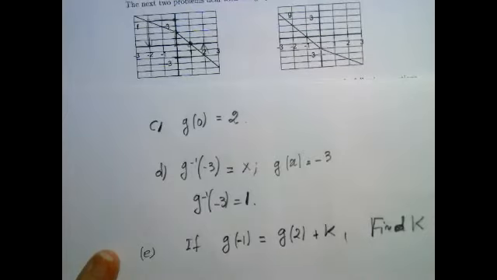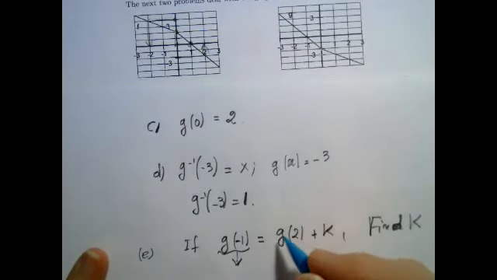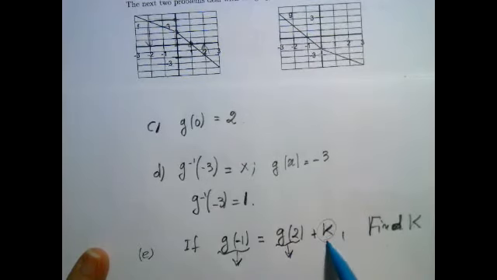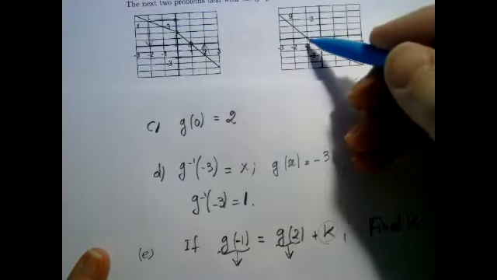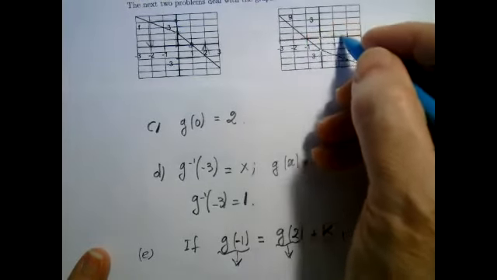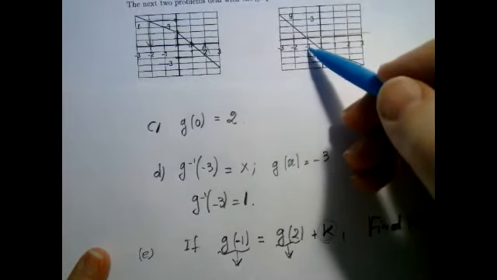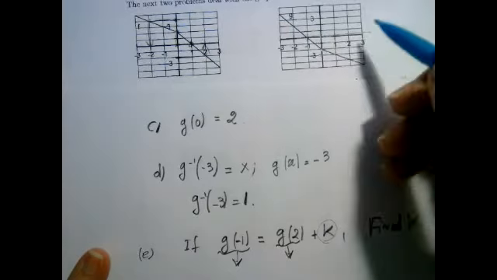Okay, how can I clear it up? What's G of -1? And what's G of 2? Do we know? I have an unknown K that I need to find. To find an unknown, I have to ask myself, do I know this one? Do I know this one? So what's G of -1? If this is -1, so this is my x-axis, G of -1 is 0, right?